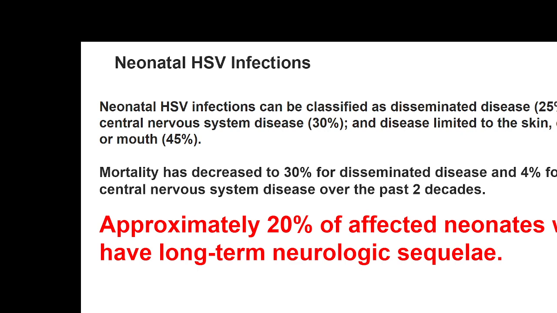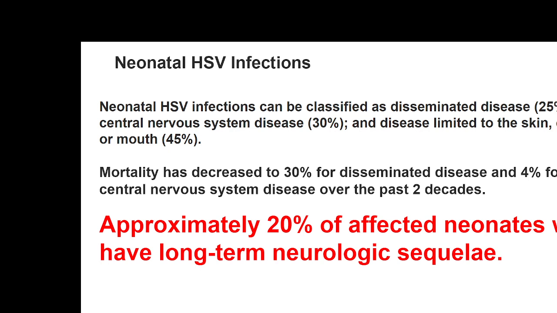Then neonatal HSV infections, that's the most important thing. HSV infections transmitted to the newborn may have the typical presentation of disseminated disease, where lesions may be seen throughout the body. Most important and quite troublesome is central nervous system disease, where the patient may have either meningitis-like symptoms or certain neurological deficits, which often produce confusion with some other neurological disorder.